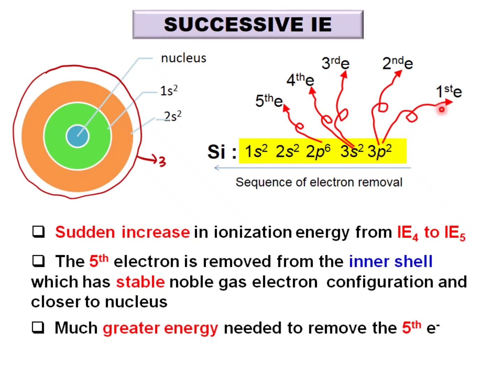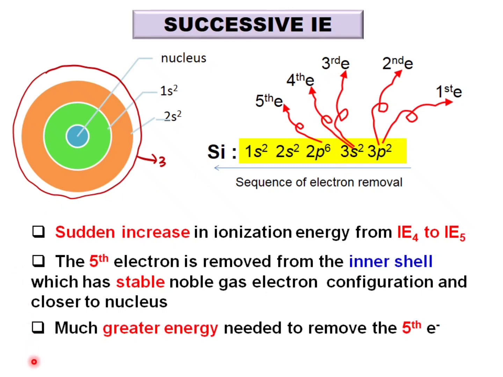So the first electron needs to be removed from 3p. And then if you follow on, the second electron is also from 3p, sebab dalam 3p ada 2. Kemudian if you want to remove the third electron, dia juga berada dalam petala yang ketiga, di mana dia berada dalam subshell 3s, while the fourth electron juga berada dalam subshell 3s.